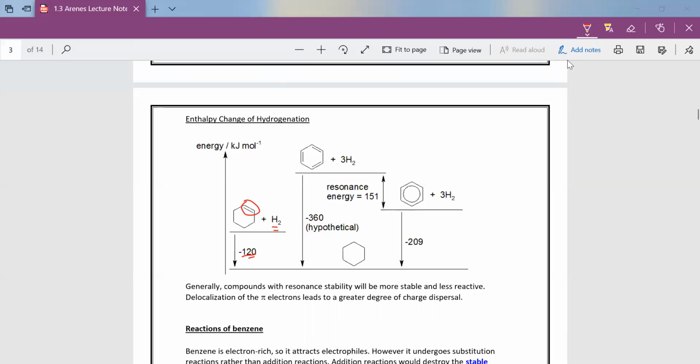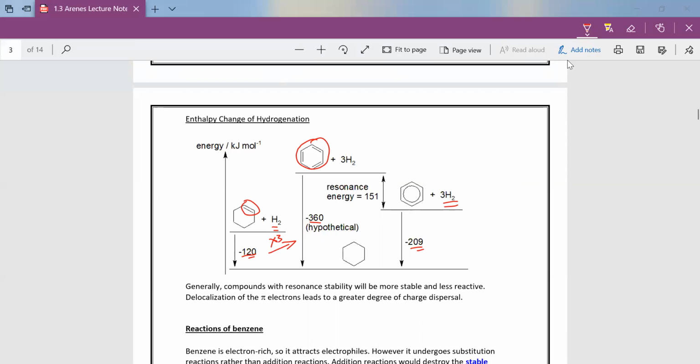So logically you would expect that if we hydrogenate 3 CC double bonds, you will get 3 times that. So you expect it to give out 360, but in actual fact, in real life, when we hydrogenate the benzene ring, it only gives out 209.